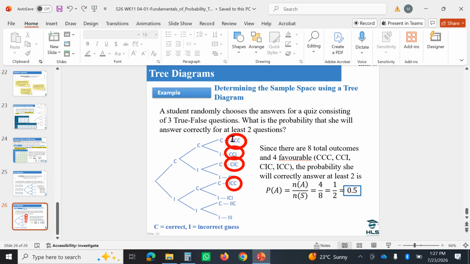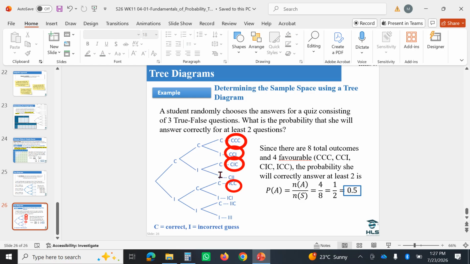So C, C, C, correct, correct, correct. And you just label these here. Correct, correct, incorrect, which is what we have here. You have correct, incorrect, correct, CIC. Sorry, you can't see that there. Okay, this one here, you've got correct, incorrect, incorrect.